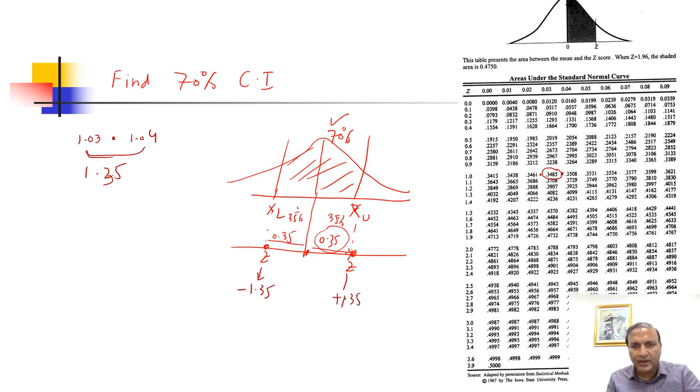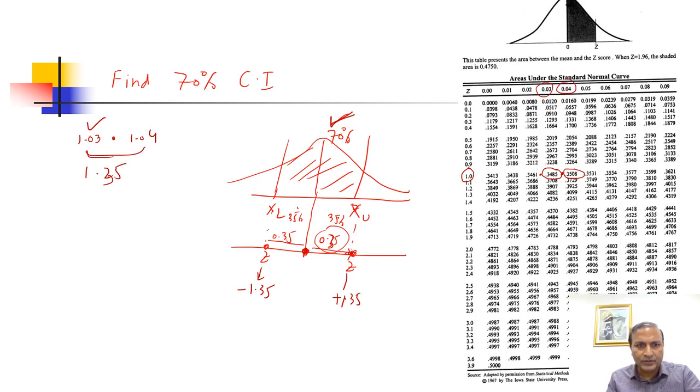How do I get it? I'm just repeating it: I take the probability, I divide it into half, because the table is always giving from 0 to this number, so it is 0.35, the half of 70%, and then I go inside and find the number. If there are two numbers in between, then you can take both numbers. So it is 1.03 and this one is 1.04.